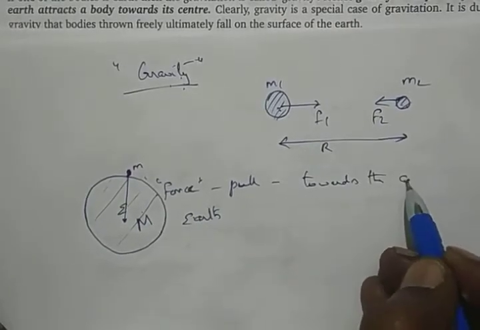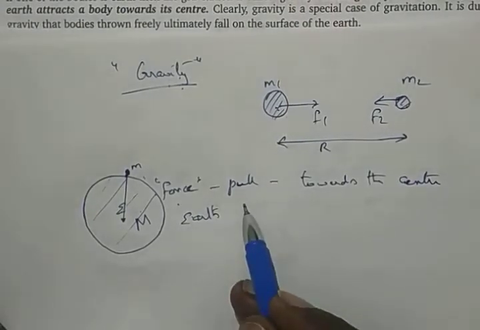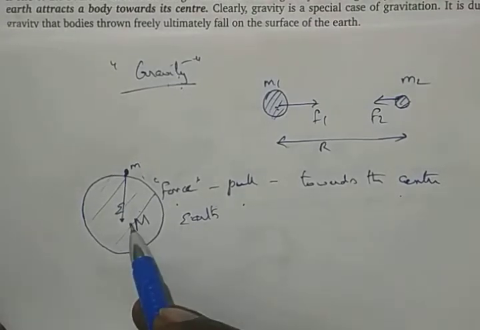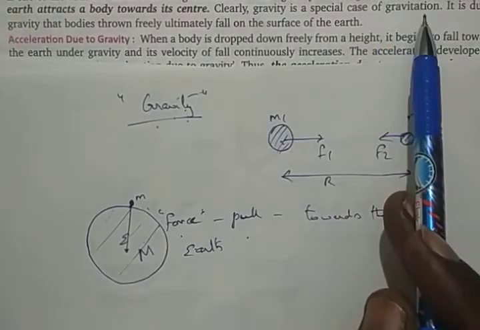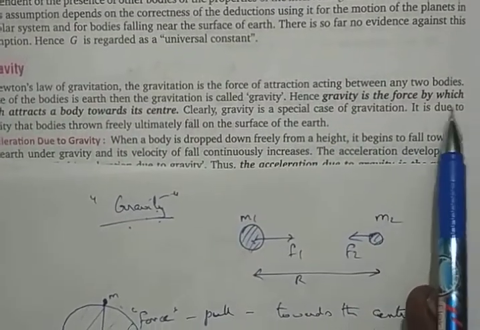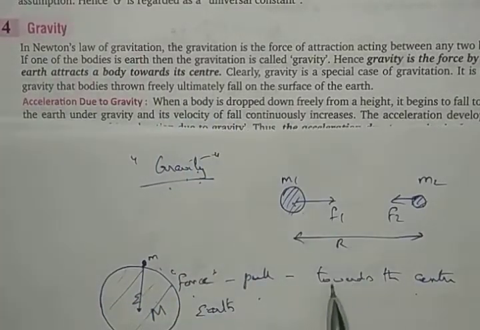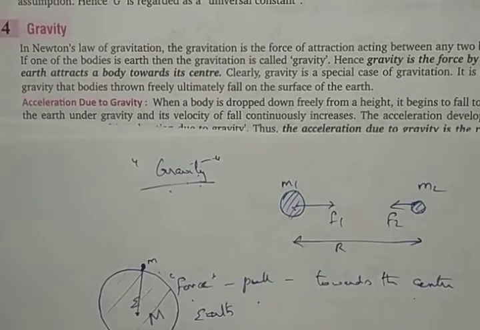It attracts the body towards the center of the planet. That is called gravity. So gravity is a force with which Earth attracts a body towards its center. You can take a look at this.